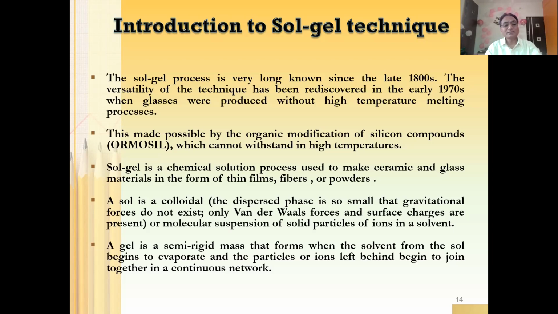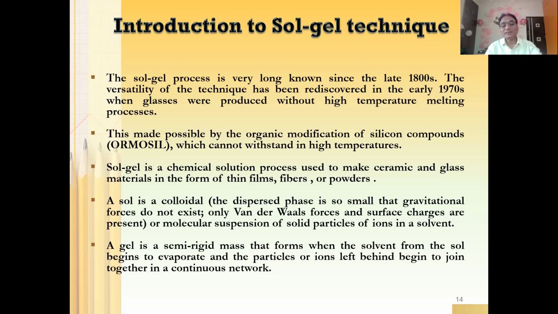What is a gel? So ultimately, what is a Sol then? A suspension of solid particles in a given solvent is nothing but a Sol. What is a gel? A gel is a semi-rigid mass that forms when the solvent from the Sol begins to evaporate and the particles or ions left behind begin to join together in a continuous network.